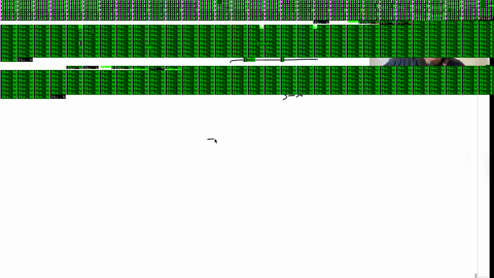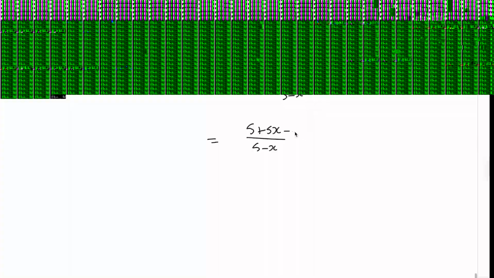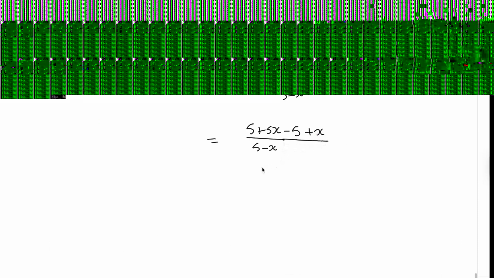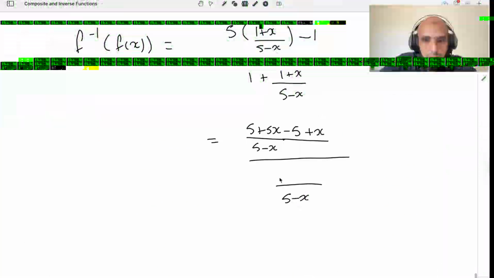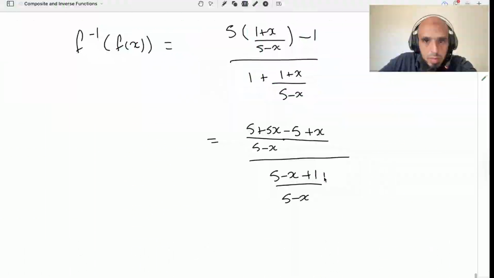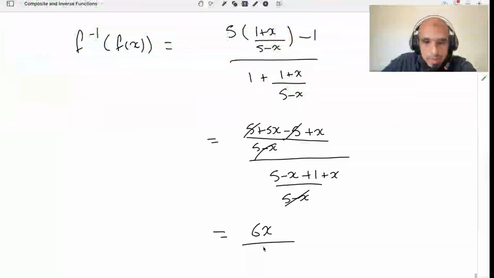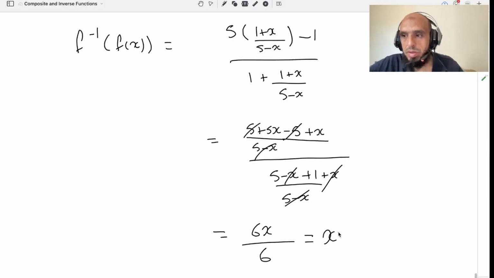So this is going to be equal to 5 minus x. So 5 plus 5x minus 5 plus x divided by... cancel out, so it's 5x plus x, so it's 6x divided by 6, which gives us x. So that's how we proved this relation.